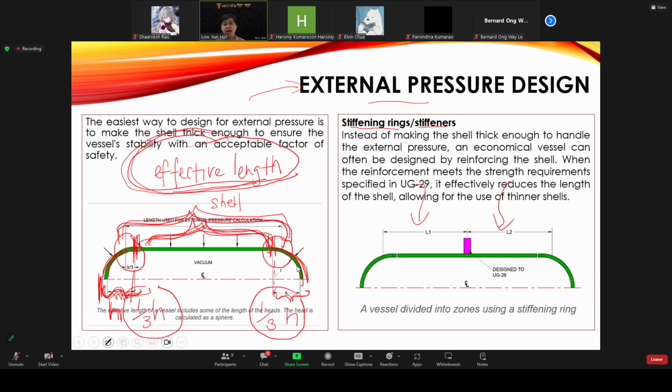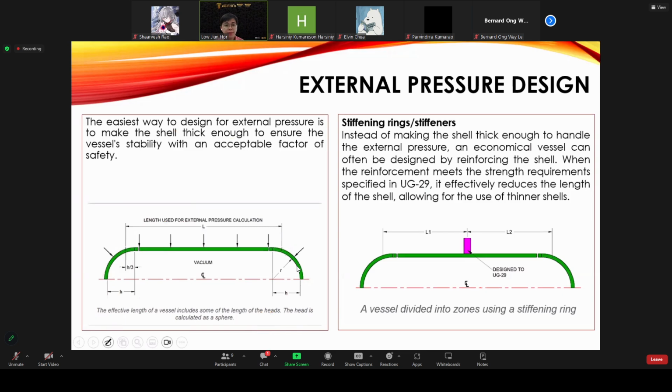Okay? So I will try to explain now what is a stiffening ring, what is a stiffener. Okay, you try to imagine, now you have a horizontal cylindrical pressure vessel. Okay, this one. Now you want to withstand the external pressure, and you want to install the stiffener or stiffening ring.